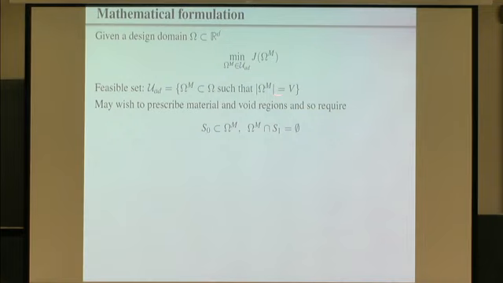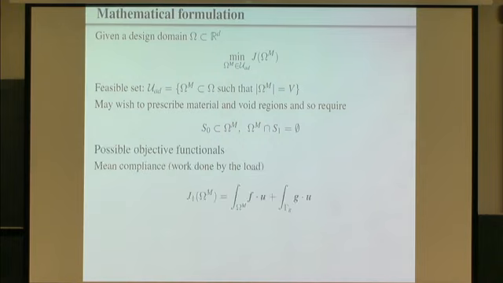So the Lebesgue measure of omega m is going to be some given value capital V. As I mentioned, we may wish to prescribe these regions. We're going to have an S0 which will be contained in omega m, so this is a fixed region of material, and then an S1 which will be a fixed region of void, such that the intersection of omega m and S1 will be the empty set.